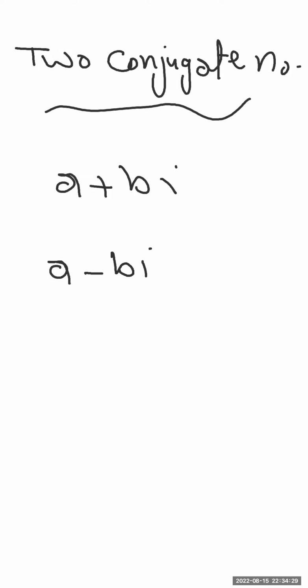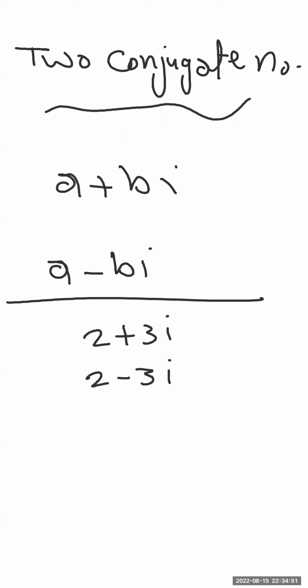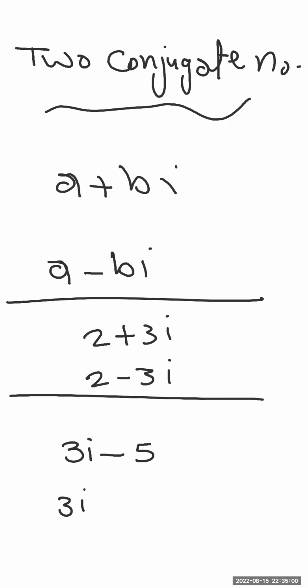Okay, so this means 3 plus 4i, the conjugate is 3 minus 4i. Okay, take care, because this is very important actually. If the number, we said 2 plus 3i, so the conjugate is 2 minus 3i. Okay, but if the number is 3i minus 5, then the conjugate, is it supposed to be 3i plus 5?